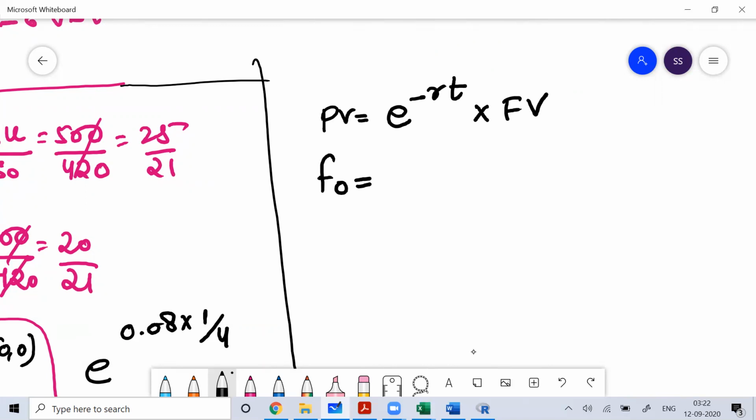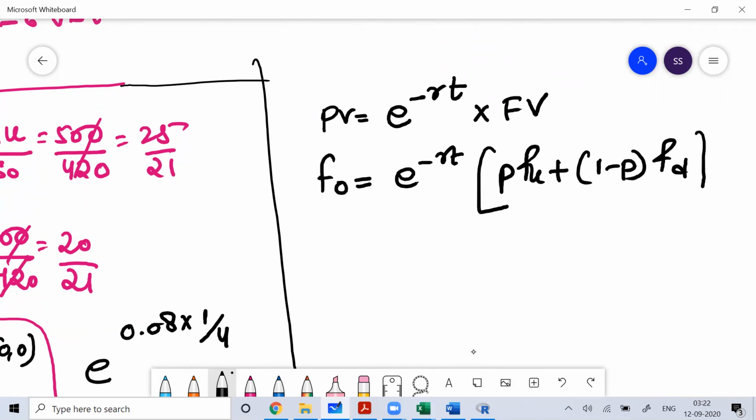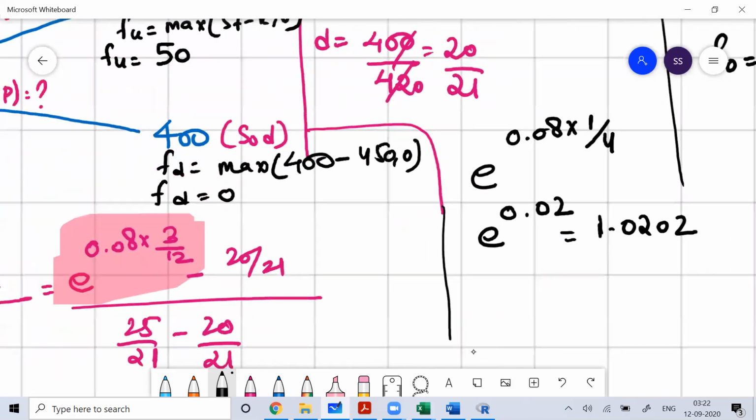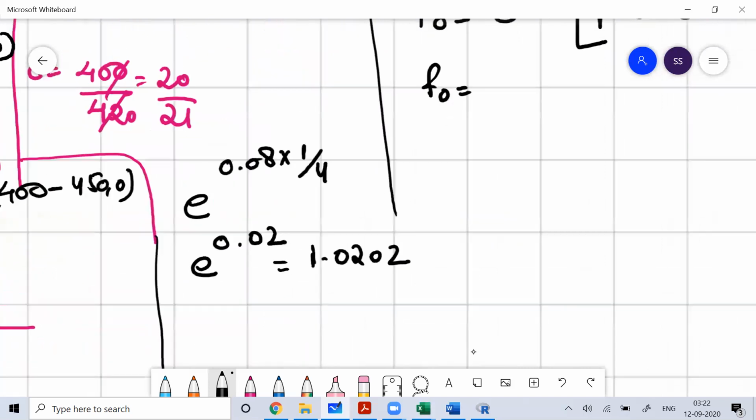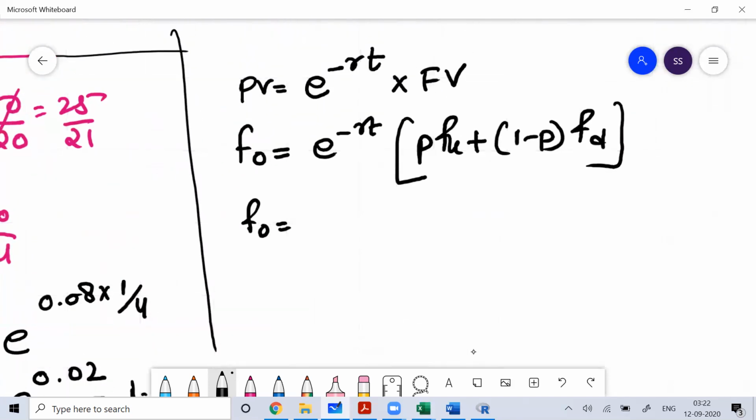In every book on derivatives on the binomial tree model, you see the symbol f naught. So f naught equals e to the power minus rt, times p into fu plus 1 minus p into fd.